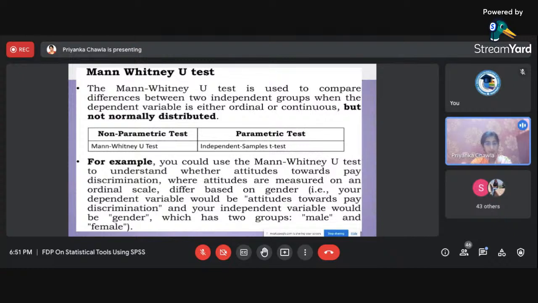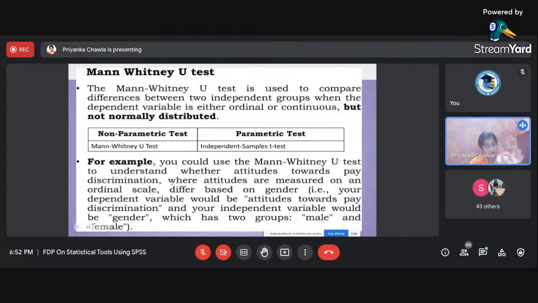Or if the independent variable is nominal and the dependent variable is ordinal, then we will apply this. Let us take one example. It is given here: whether attitude towards pay discrimination, where attitude is measured on an ordinal scale, differs based on gender. We would like to measure attitude based on gender.